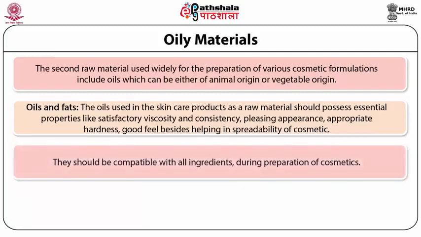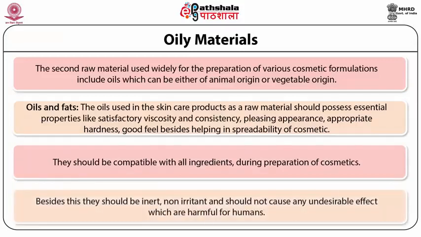They should be compatible with all ingredients during preparation of cosmetics. Besides this, they should be inert, non-irritant, and should not cause any undesirable effect which can be harmful for humans. The types of oils used in the preparation of cosmetics are given in Figure 1.